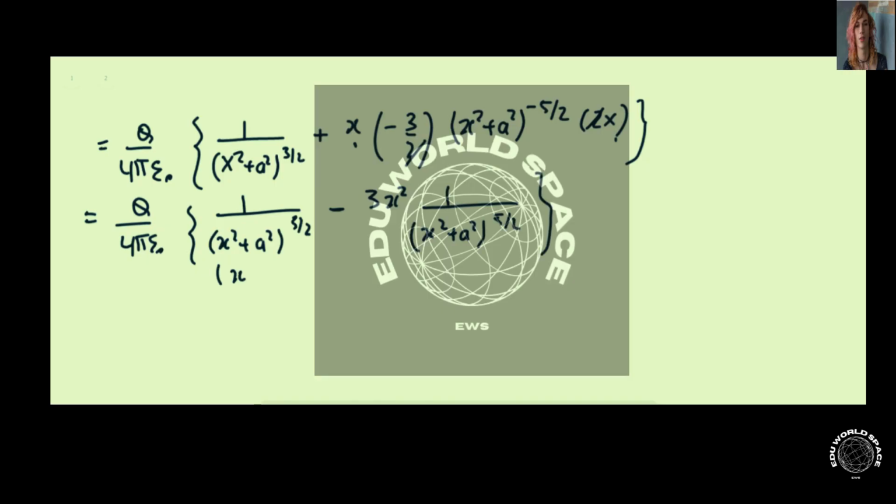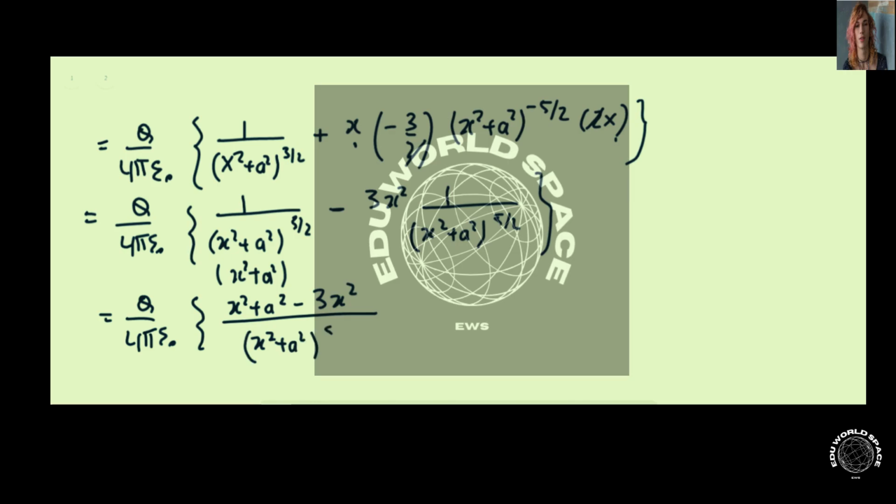Now, let's expand the first fraction by x squared plus a squared so that we can have the same denominator to do the subtraction here. Q over 4 pi epsilon naught times x squared plus a squared minus 3x squared over x squared plus a squared to the 5 over 2. Now x squared minus 3x squared is a squared minus 2x squared, right, over x squared plus a squared to the 5 over 2.